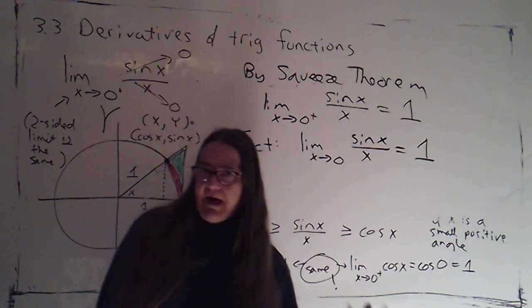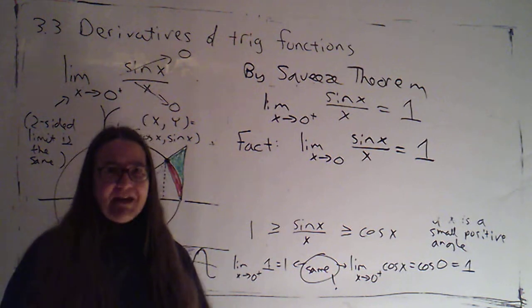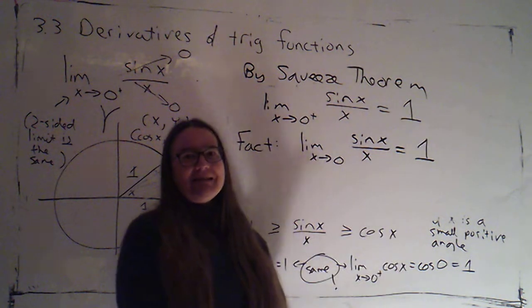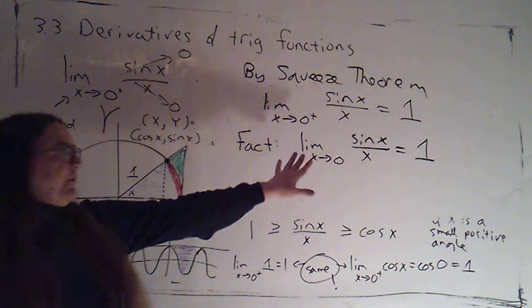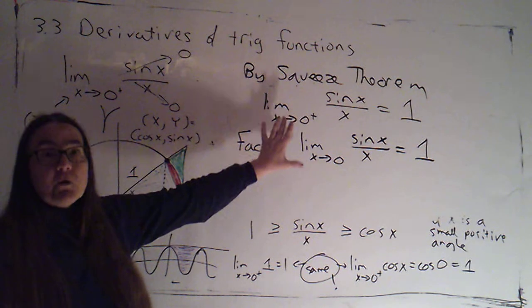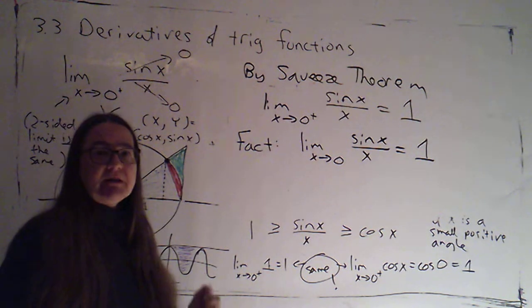We don't know that yet. We need to know what this limit is in order to figure out what the derivative of sine of x is. So, at this point, even if we knew L'Hopital's rule, we couldn't use it for this because we don't yet know the derivative of sine.